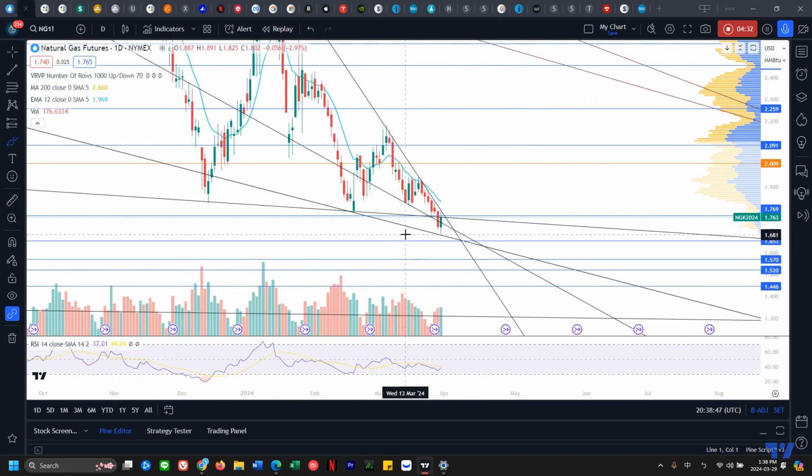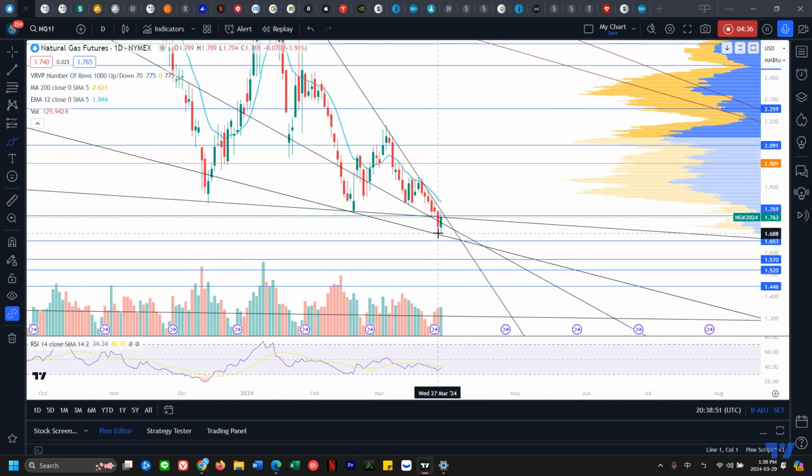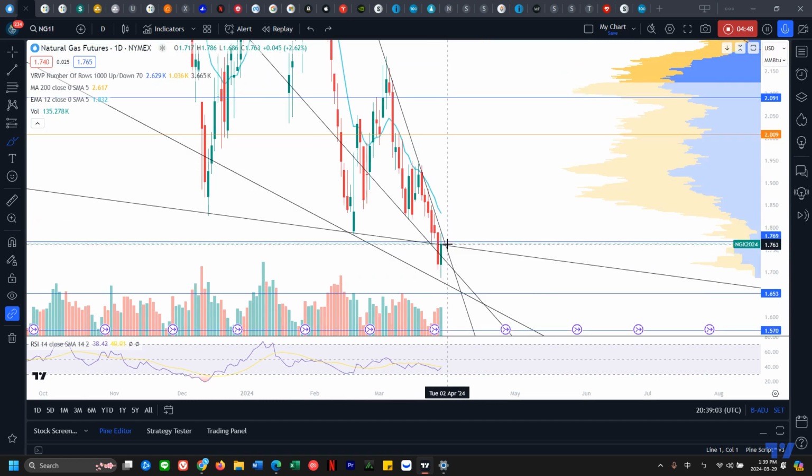So I was looking at those three levels, and I was thinking, okay, either we get a bear break lacking follow through and V-shape higher, or we get a bear breakout of that falling wedge and flush through all these supports, and then head to a lower low. But it looks like the bear break lacking follow through played out.